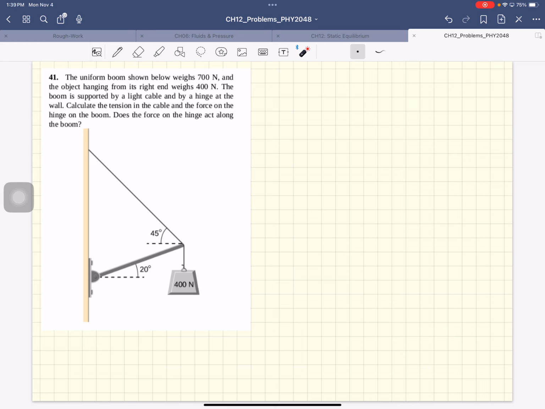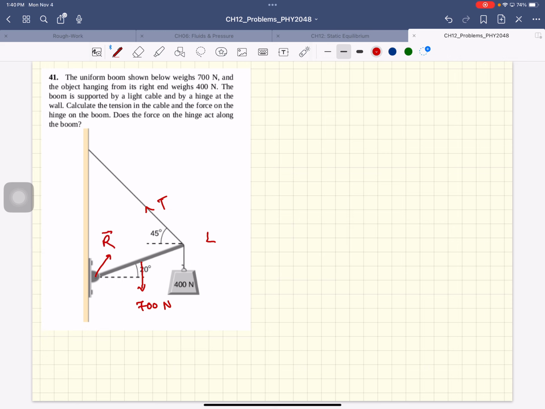Okay, so there's the tension. There's the weight of the boom. It's a uniform boom, so they don't give us the length, so probably you don't need the length. L is, okay. And let's say that there's the reaction force that the wall hinge exerts on the boom.